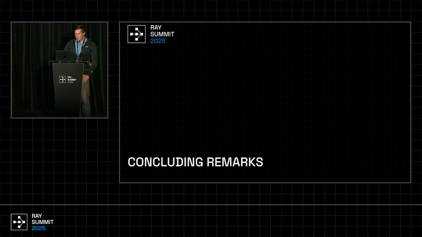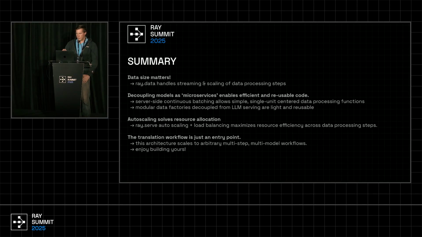So, concluding remarks about this pattern: we're able to write code that handles individual items, but scales to arbitrarily large data sizes. All happens with streaming execution, and the GPU-bound workloads are scaling up and down with Ray serve auto-scaling.